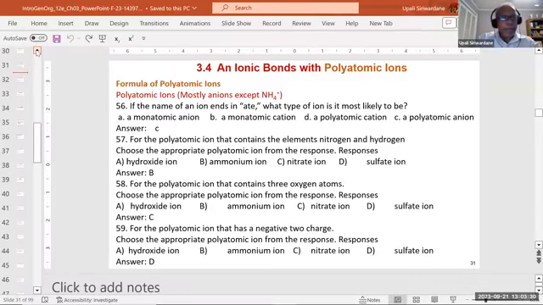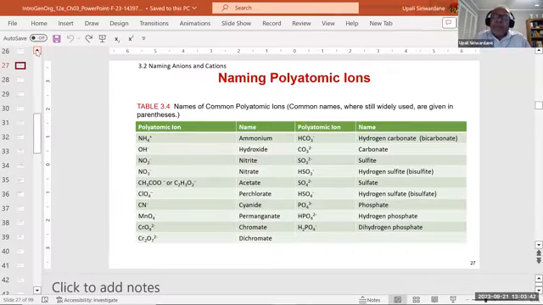Before that, we talked about monoatomic cations and monoatomic anions, how they are formed and how they are named in previous slides. Now we need to know the names of polyatomic ions. This table lists the names of polyatomic ions.